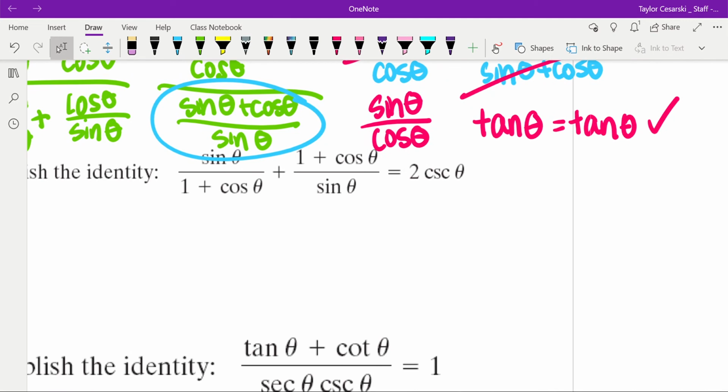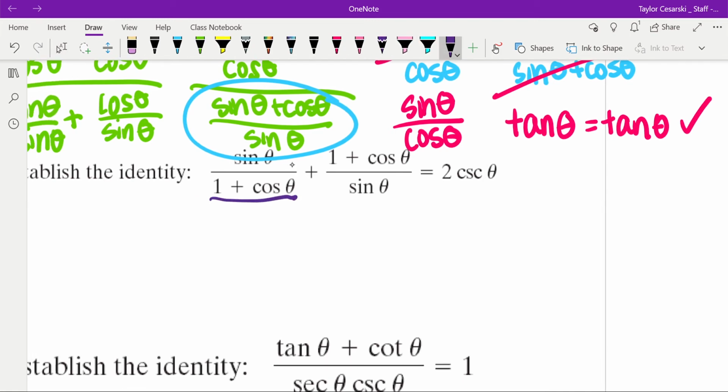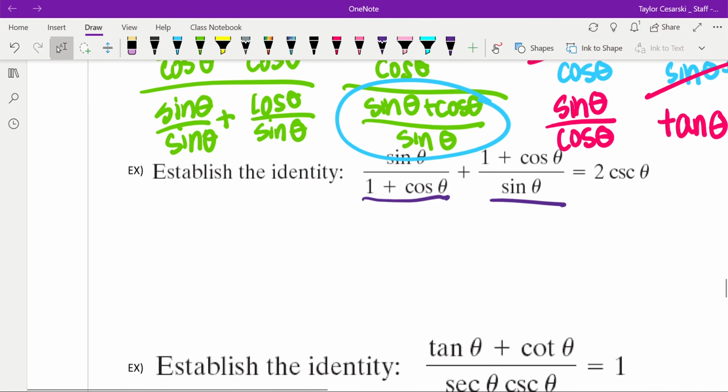All right, so the next one is also two fractions, so I need to get a common denominator here. That means this first one I'm going to have to multiply by sine, and this one I'm going to have to multiply by 1 plus cosine. So when I multiply sine times sine, I get sine squared of theta.